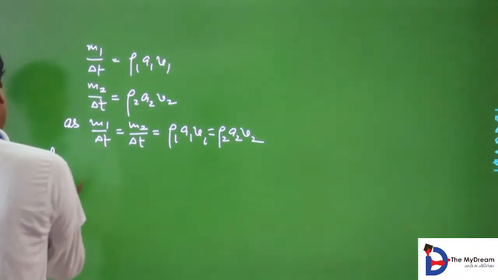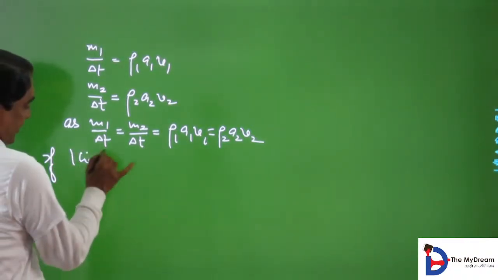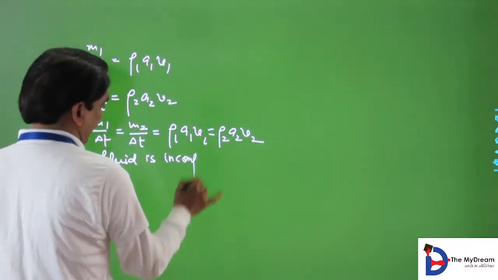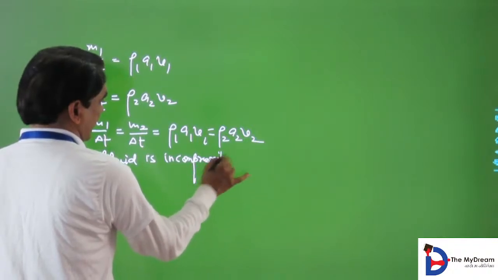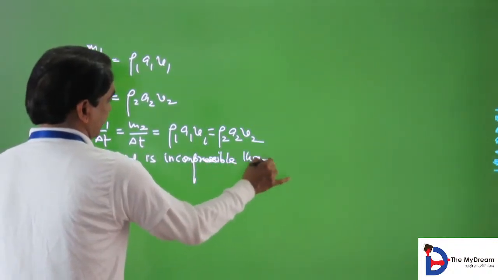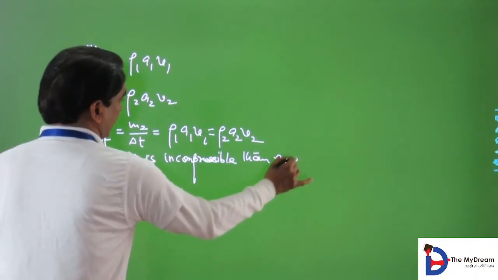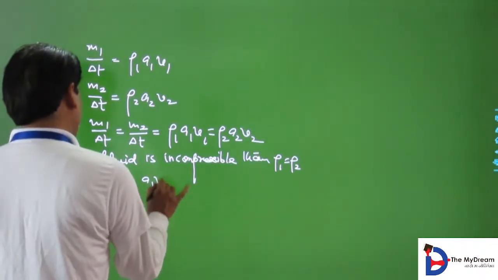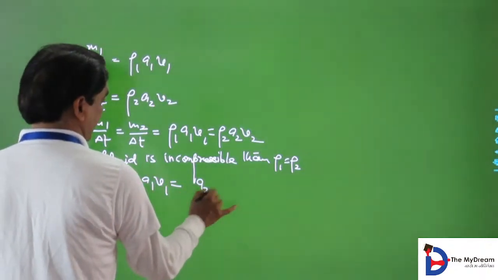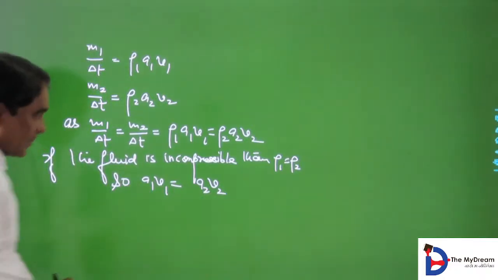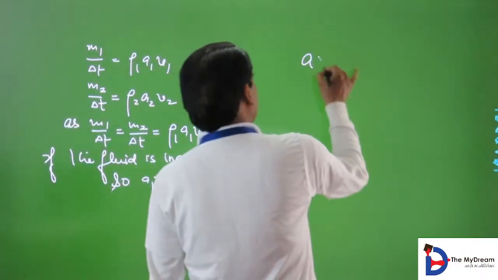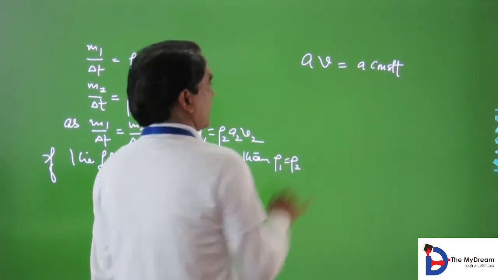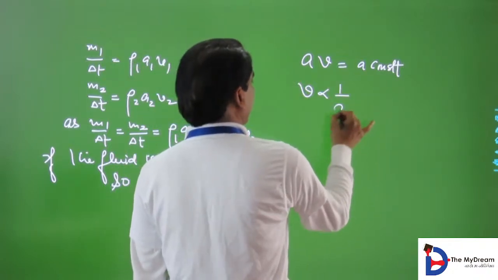If the fluid is incompressible, then rho 1 is equal to rho 2. So A1 V1 is equal to A2 V2, or you can say AV is a constant.